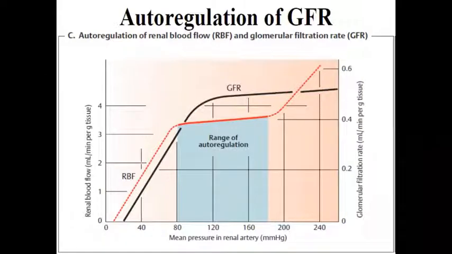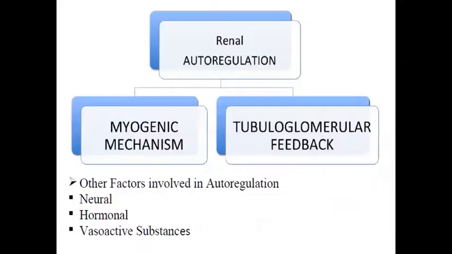If that 120 changes, maybe becoming 140 or 150, the autoregulatory mechanism will still maintain the normal range of glomerular filtration rate. But if that pressure is greater than 180, these autoregulatory mechanisms can't maintain the glomerular filtration rate. They will fail to function. Even if it is reducing beyond 80, it's very difficult for them to maintain. But in this range, it will be maintained.